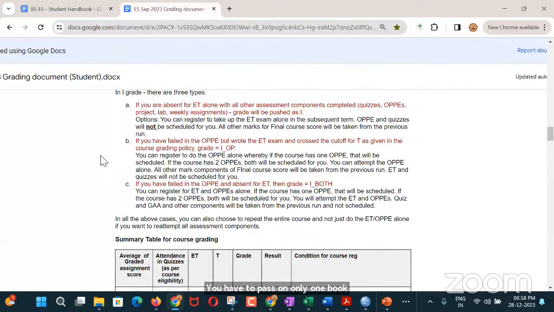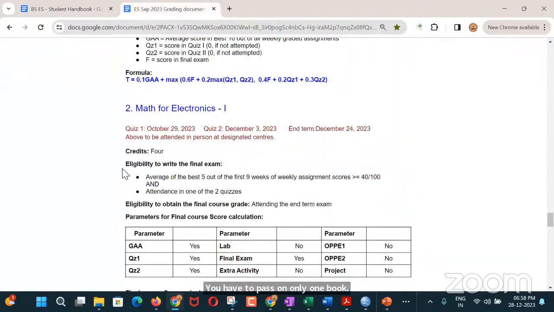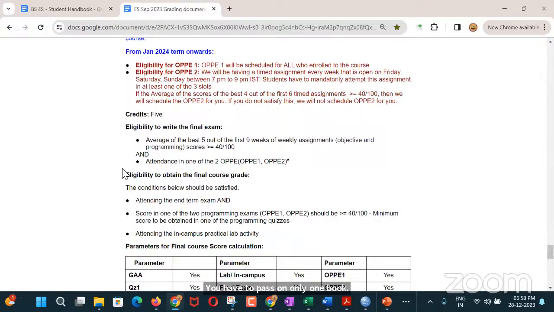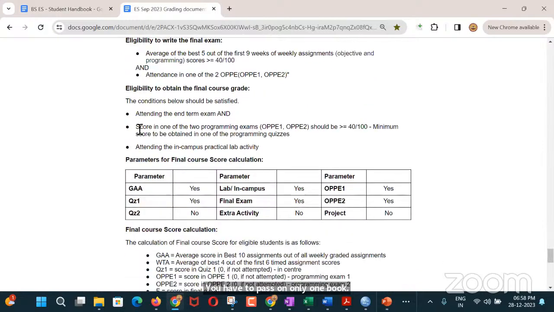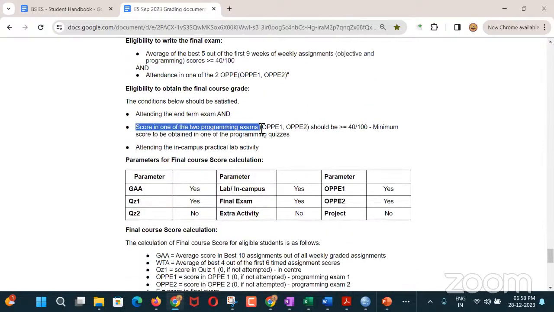Let me show you here. So this is where it is. Score in one of the two. This is the eligibility to obtain the final grade. You have to score in one of the two programming assignments and it should be more than 40%.